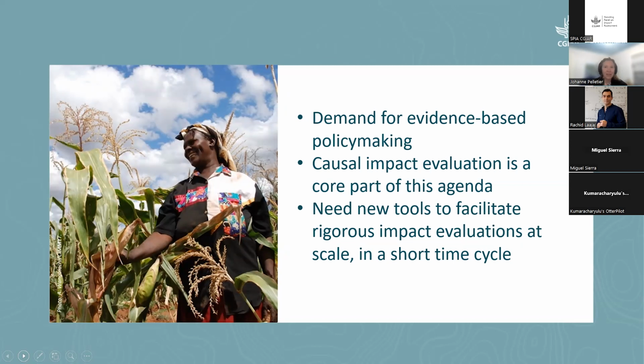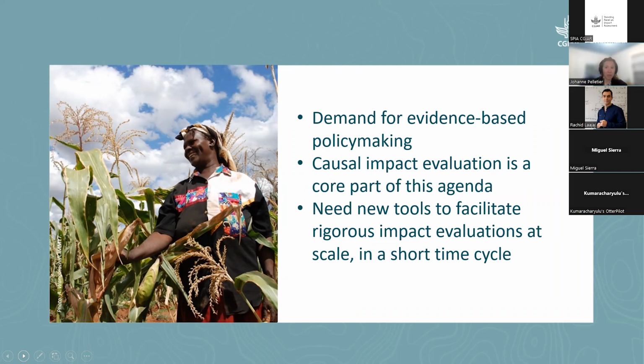Causal impact evaluation is one of the core parts of this broader agenda for evidence-based policymaking. So it's key that we can learn from interventions and be guided by actions based on past experience.